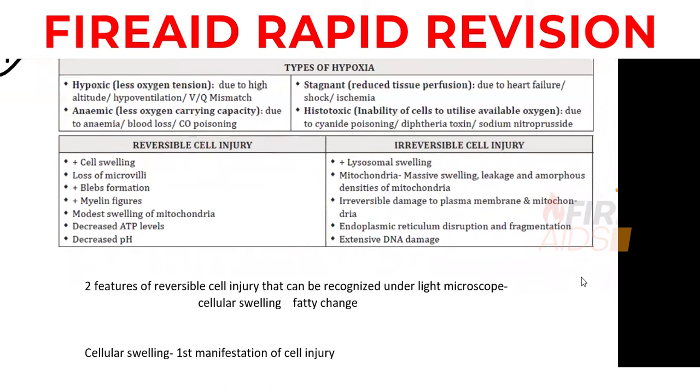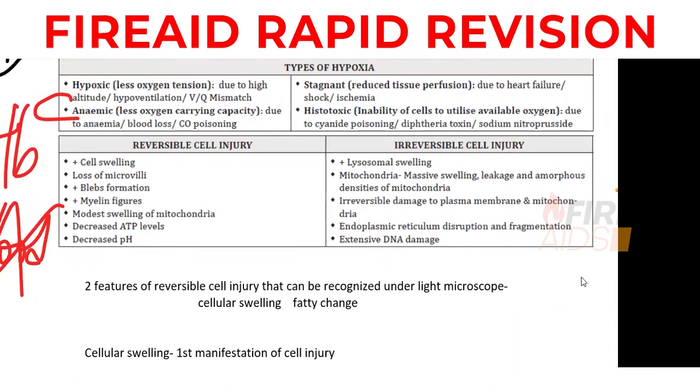So I repeat, anemic means either hemoglobin is directly low because of anemia, or the patient is losing blood. The patient is bleeding, which obviously means there is going to be lesser hemoglobin in the blood. A lot of blood has been lost.